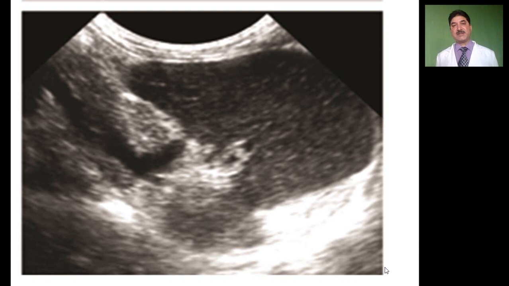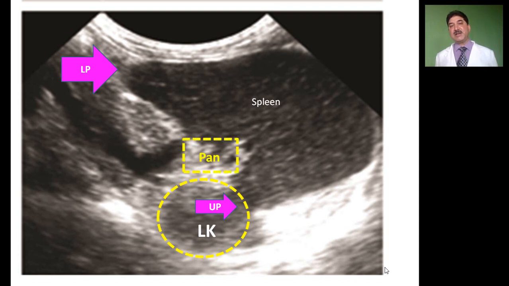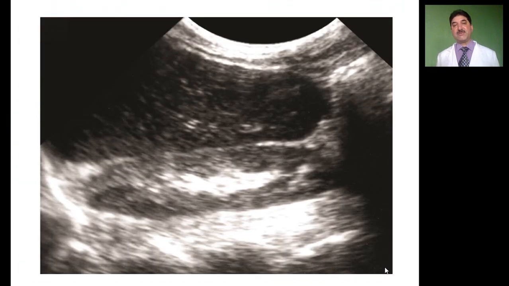In this section, we can see the spleen, the lower pole of the spleen, and the left kidney, which is related to the upper pole of the spleen. We can see the pancreas related to the hilum of the spleen, and the splenic vein leaving the hilum and going towards the portal vein.